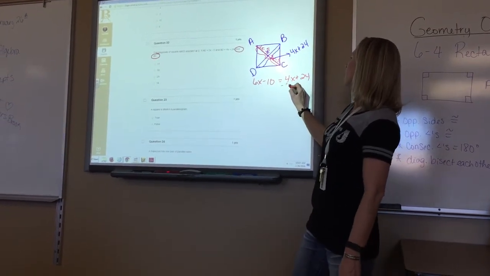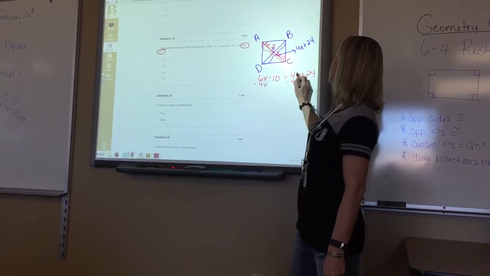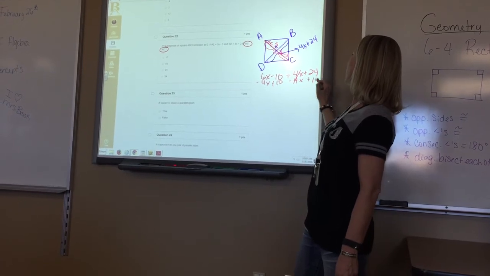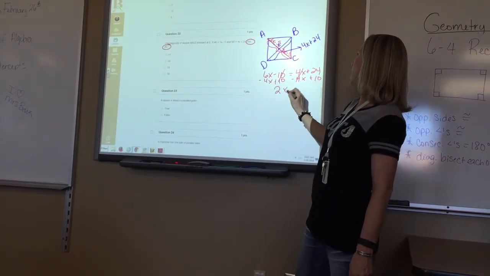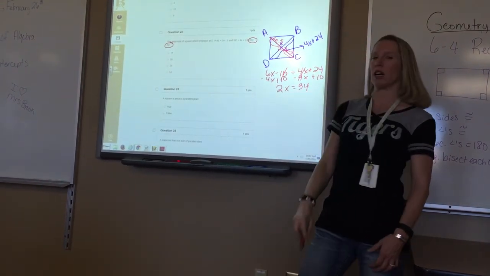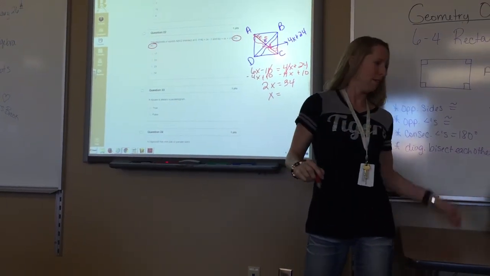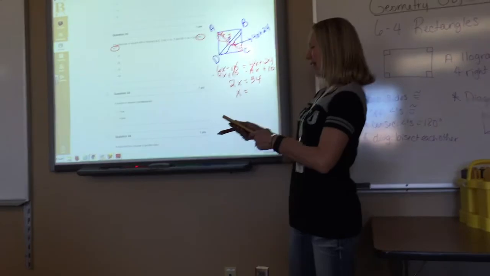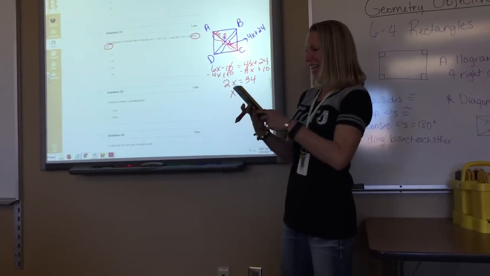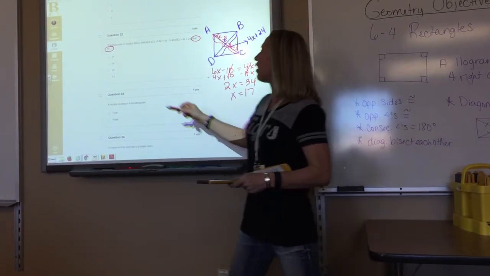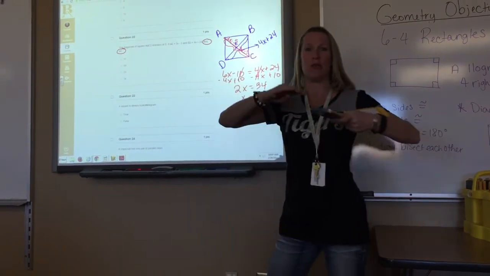So on this you would solve minus 4x, add 10. So I would have 2x equals 34. So x would equal 34 divided by 2, which is 17. Now notice that's one of your answer choices. Do not pick that.